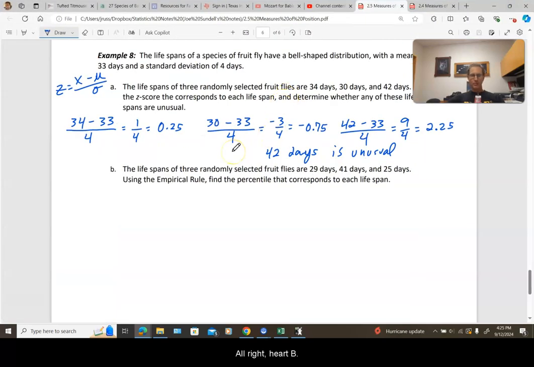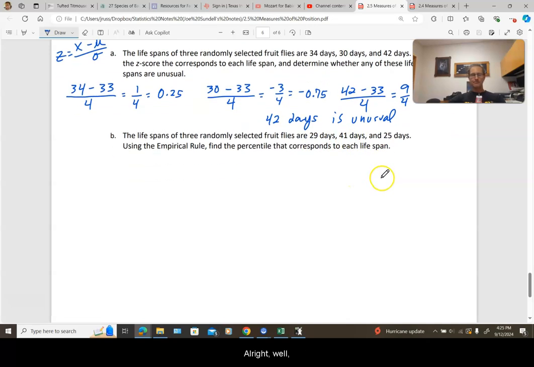All right, part B. So the lifespans of 3 randomly selected fruit flies, again, are 29, 41, and 25 days respectively. So using the empirical rule, find the percentile that corresponds to each lifespan. All right.